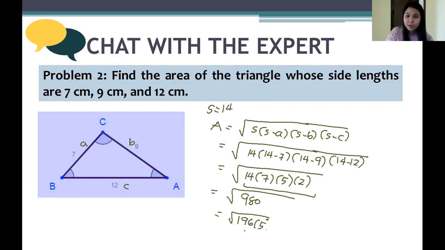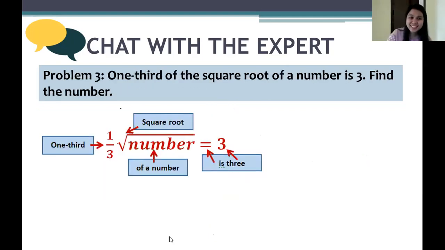The square root of 196 is 14. 5 doesn't have a square root. So the answer will be 14 square root of 5. Or another is you can use your calculators to find the exact value of 14 square root of 5. Any questions? We have two formulas now, the Pythagorean theorem and Heron's formula. Let's go to the last one, the easiest one, I should say.